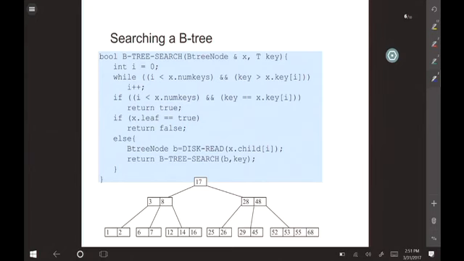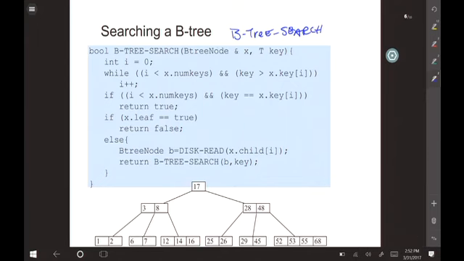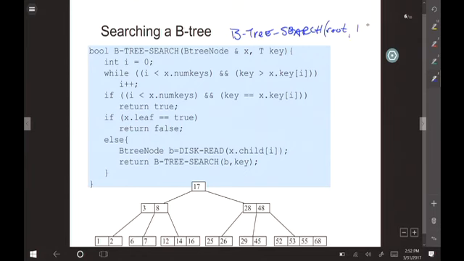I'm going to use this pseudocode to do a BTree search on this tree, from the root, for value 13.